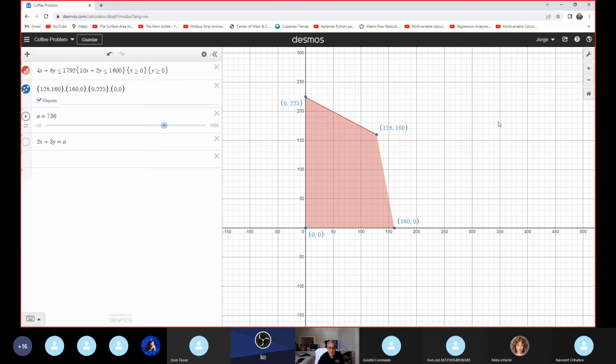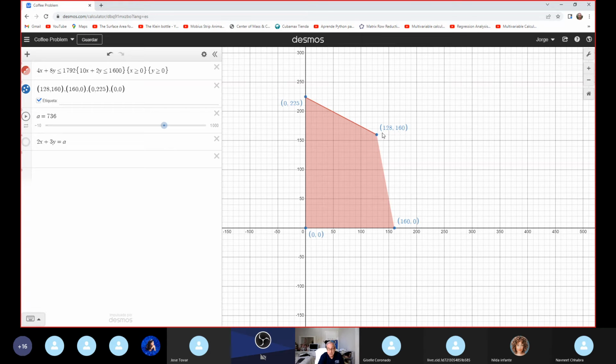So let me try to understand. You have 3 possibilities. First possibility is don't sell any economic blend, 0, and sell 225 superior. Okay, let's compute the money for this situation. You sell 128, so that's the intermediate solution: 128 of the economic and 160 of the superior.